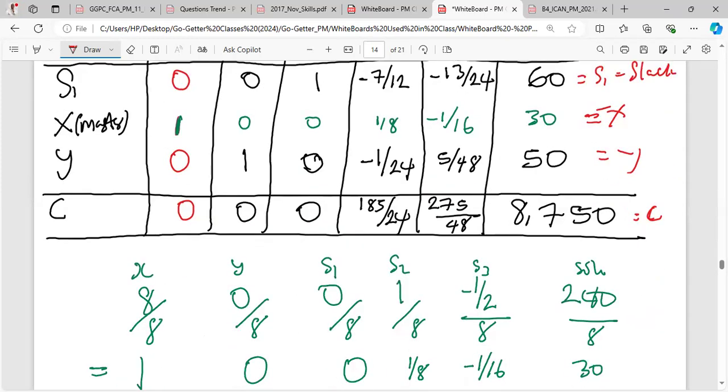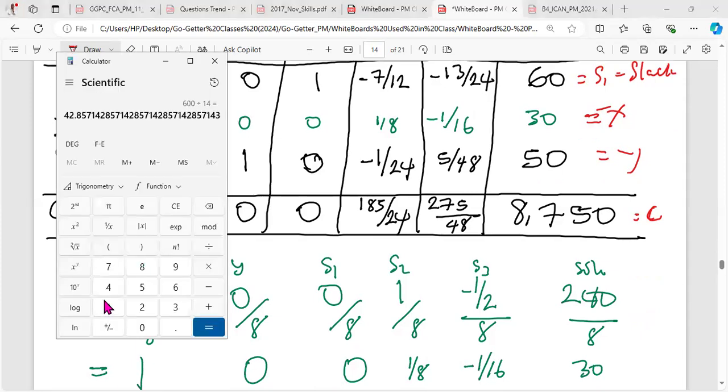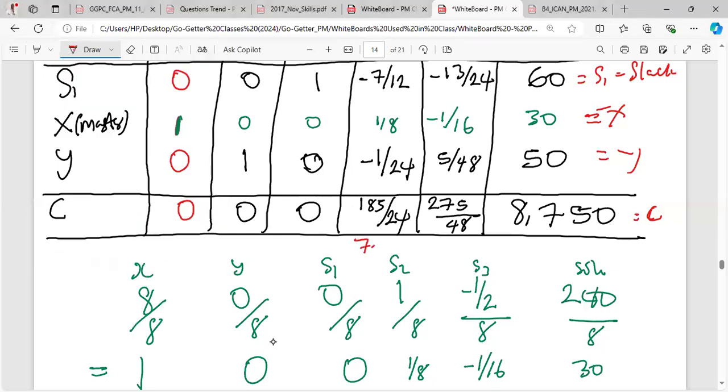Can we do 185 divided by 24? What do we have? 7.71.